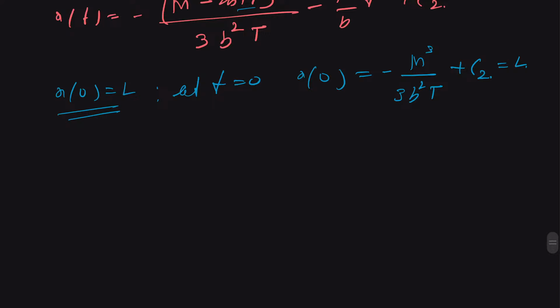So therefore we get that our c2 will be equal to L plus m cube over 3b square t.